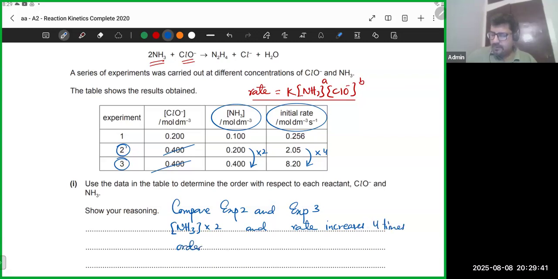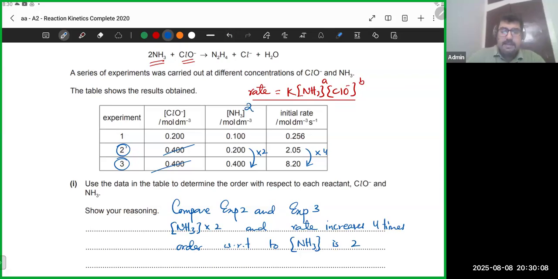So the order with respect to ammonia's concentration is 2. Okay, so you've done that. But the trouble still remains. So the order of ammonia you have figured out, that is 2.